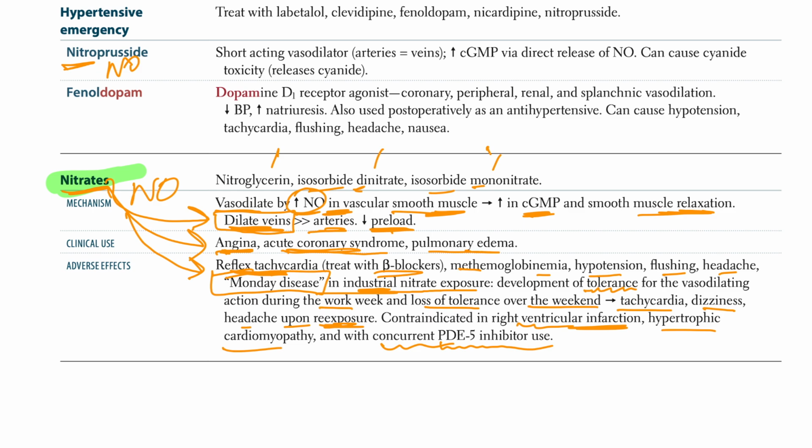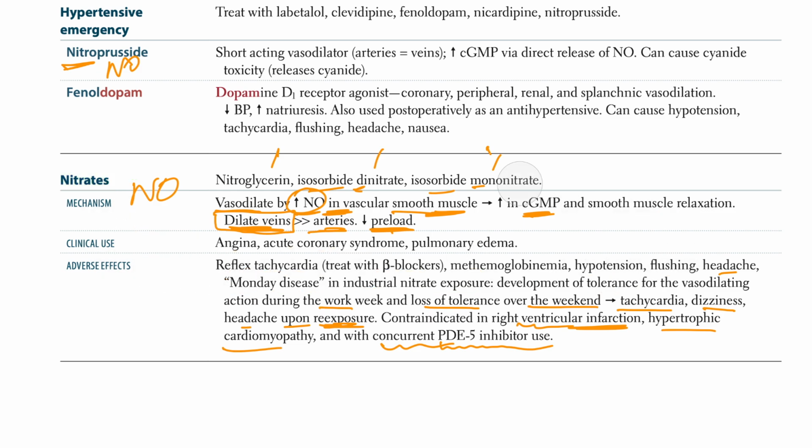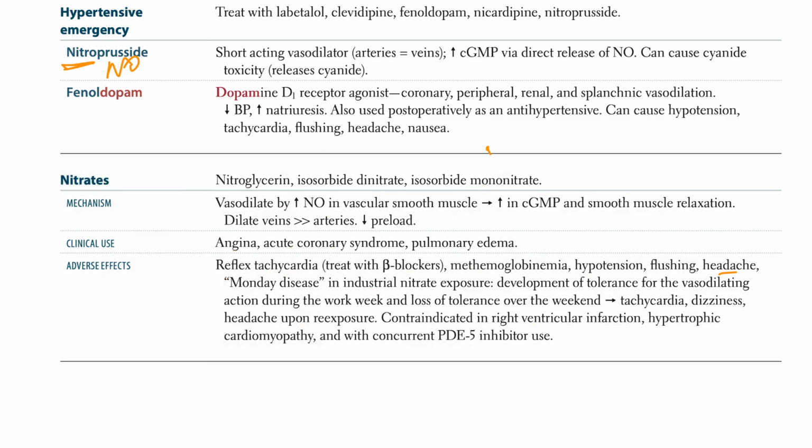Okay. So what is important in all of this is, first of all, the mechanism of all the nitrates. These nitrates increase nitric oxide, they work on the veins, decrease in preload. When you decrease the preload, not much blood is going to go into the heart. That's going to decrease the left ventricular end diastolic volume and pressure.